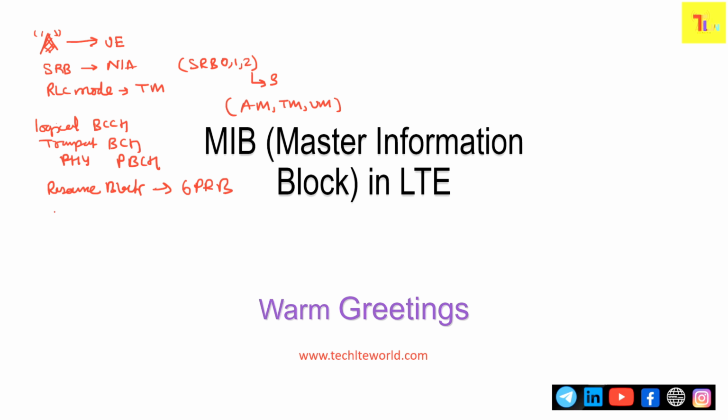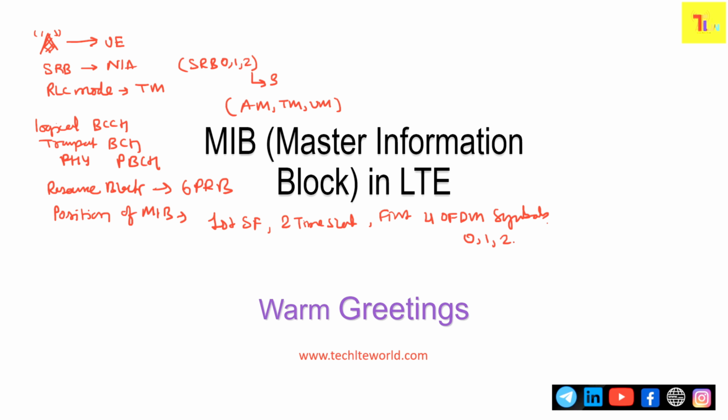And let's talk about the position. In a resource grid, what's exactly the position of MIB? When you talk about the position, it is the first subframe, second time slot, first 4 OFDM symbols, that is 0, 1, 2 and 3.